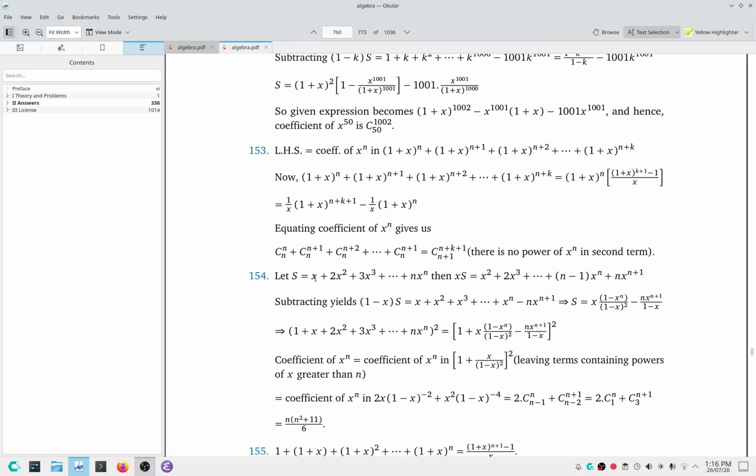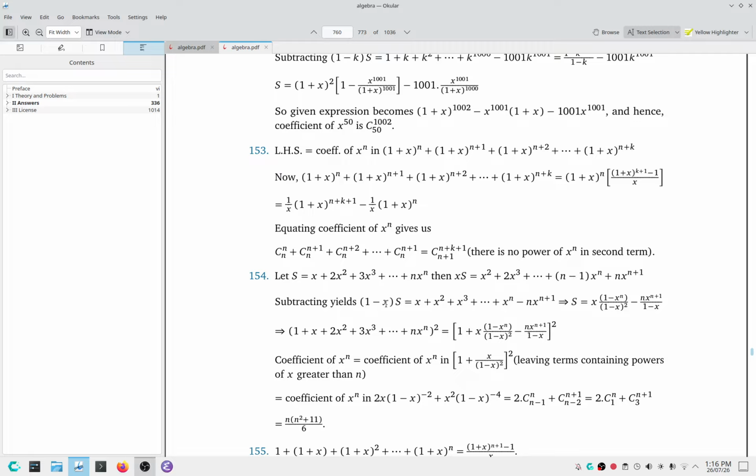So if it is 1 + x + 2x² + 3x³ + nx^n, xS will become x + x² + 2x³. So let's assume that S = x + 2x² + 3x³ + nx^n, and xS will become x² + 2x³ and so on up to (n−1)x^n + nx^(n+1).